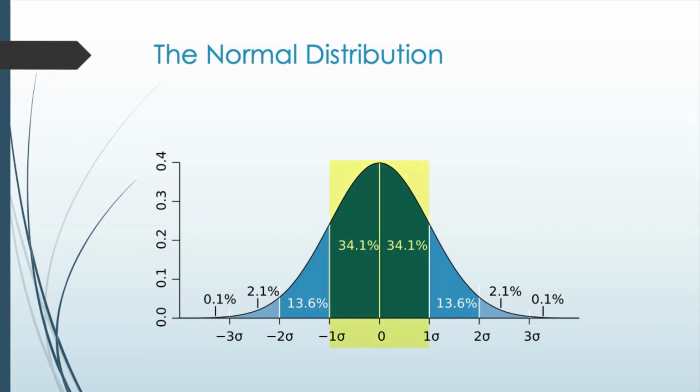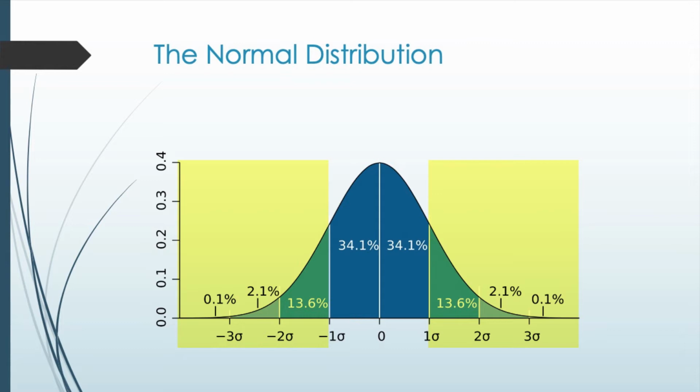Well, this means that a total of 68% of observations exist within one positive and negative deviation of the mean, because 34 plus 34 equals 68. And as we have already discussed, as we move further and further away from the mean, we see less and less observations.